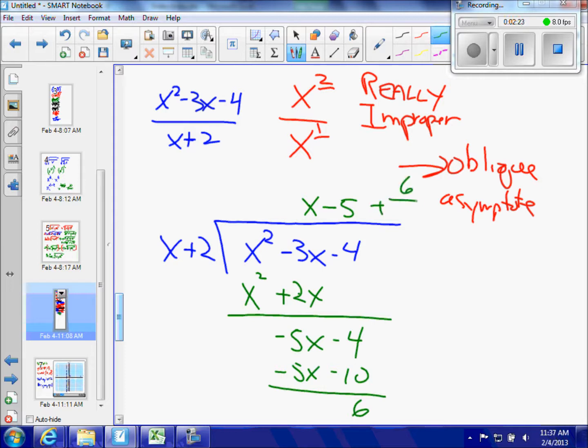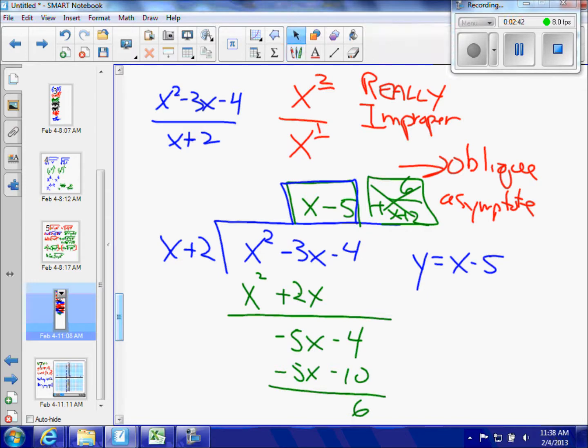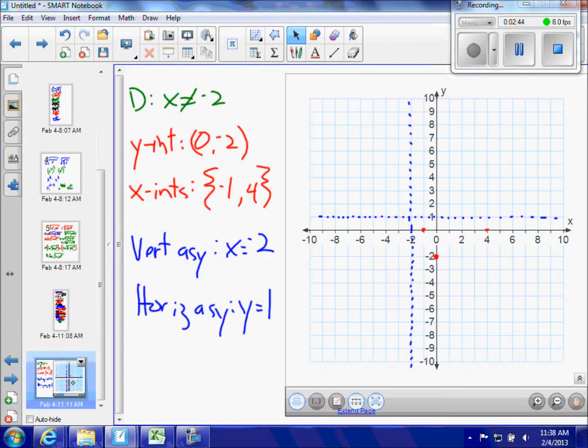It would be plus 6 over x plus 2. This piece here doesn't really matter. This piece is what matters. That quotient right there is the equation of my oblique asymptote. So my oblique asymptote is y equals x minus 5. Let's go put that on our graph.